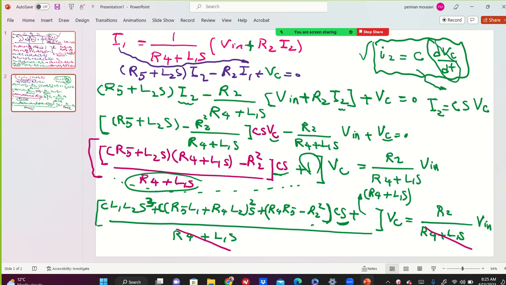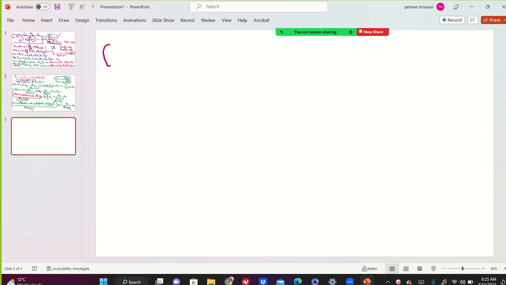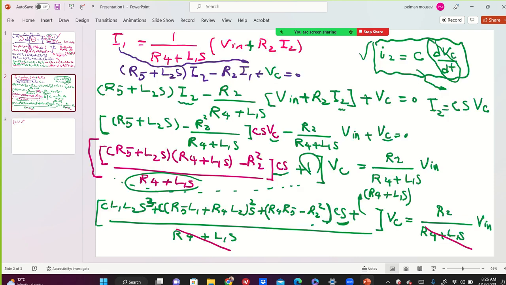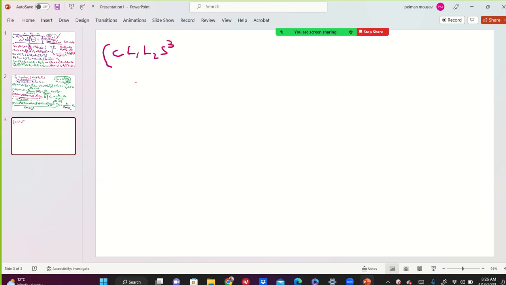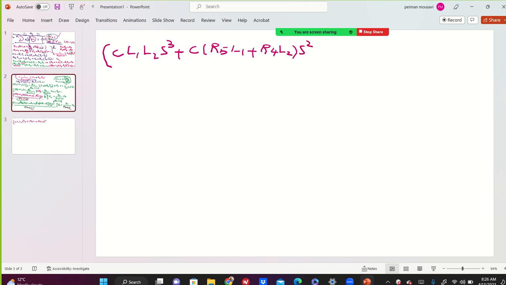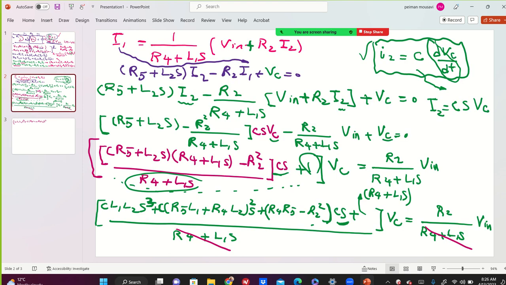Okay. So what I have now is this. C L1 L2 S cube plus C R5 L1 plus R4 L2 S square plus.